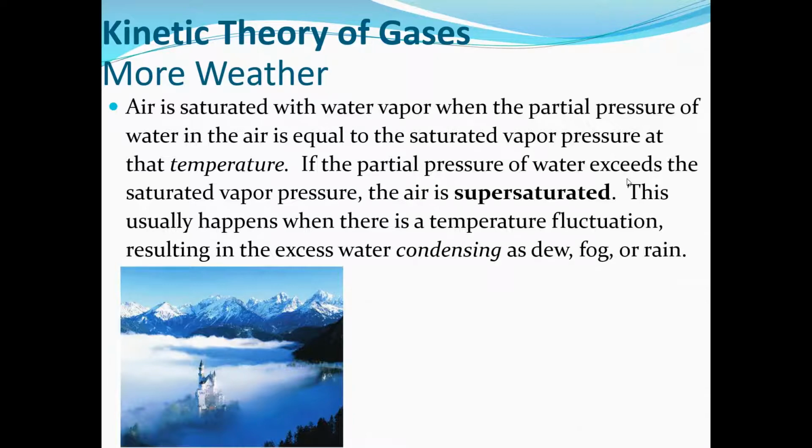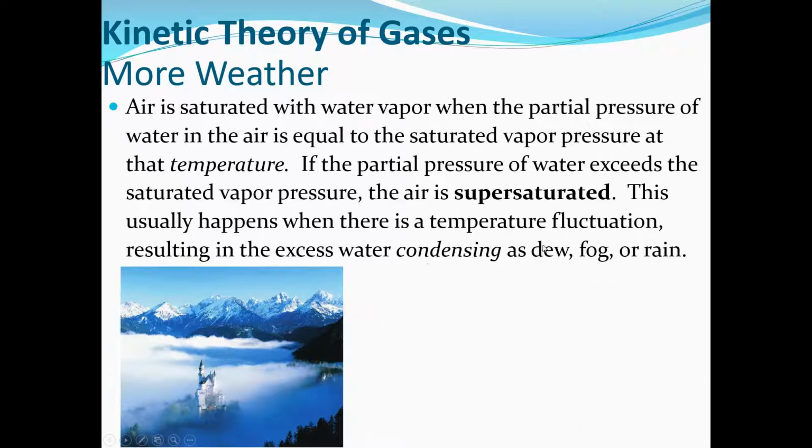If that temperature all of a sudden drops about 10 degrees or so, the water that's still in the air is still being held, but now with the drop in temperature, it can't hold the water anymore. And this ends up resulting in excess water needing to be condensed.